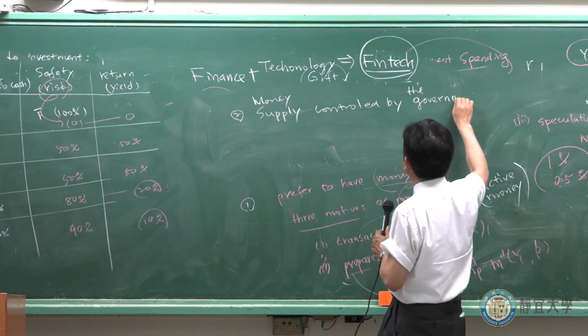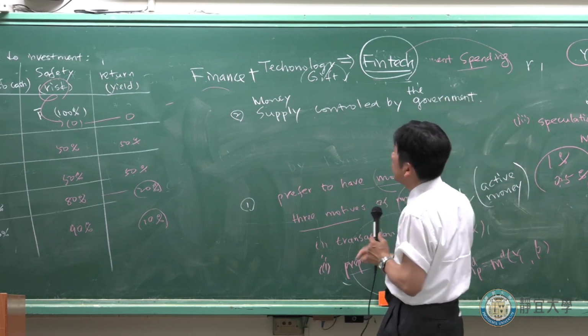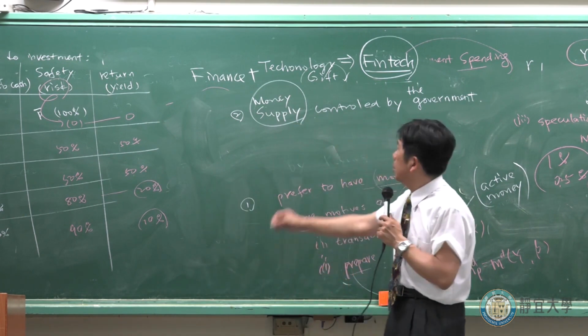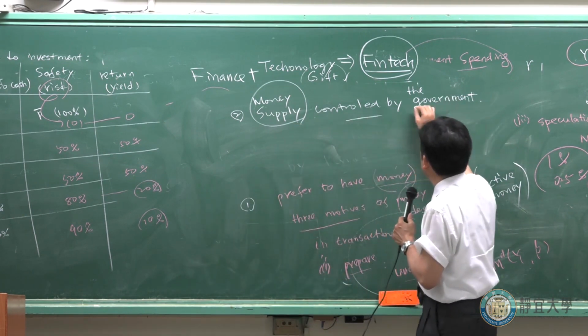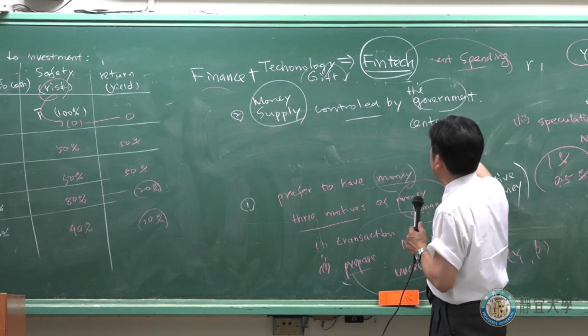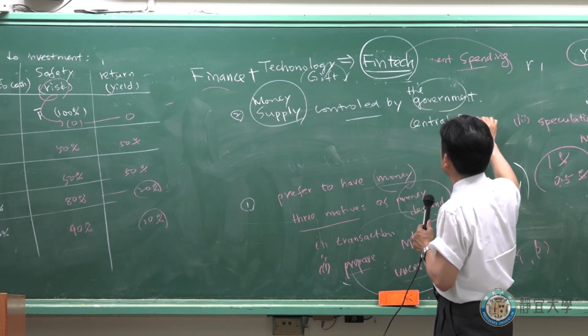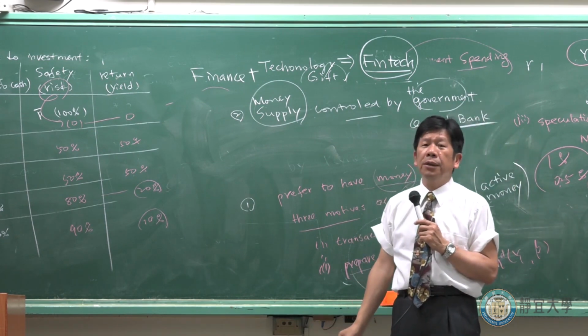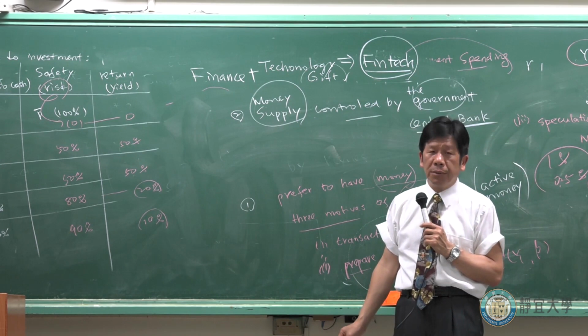The money supply is controlled by the central government. I mean, this is what we call the central bank. The central bank controls the money supply.